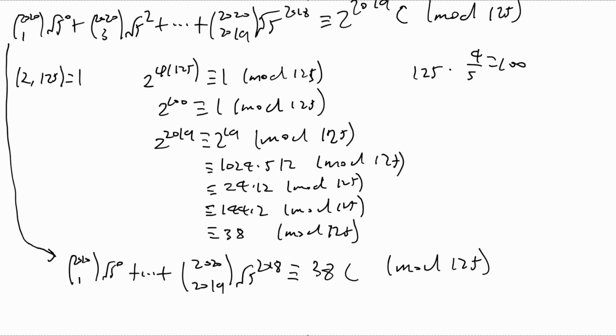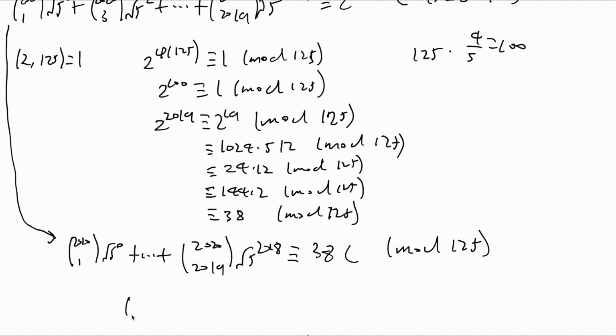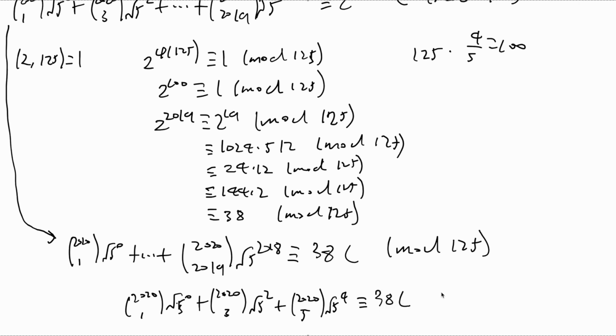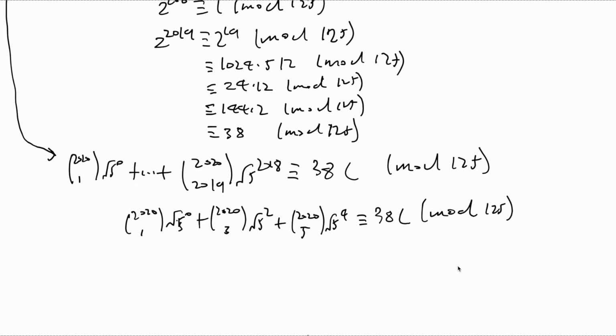So from 6 we can eliminate all the terms because 5 to the power of 6 is simply 125. So we can rewrite this, because our whole point is to find c, as 5 squared times 4 is congruent to, oh yes, 38c mod 25.